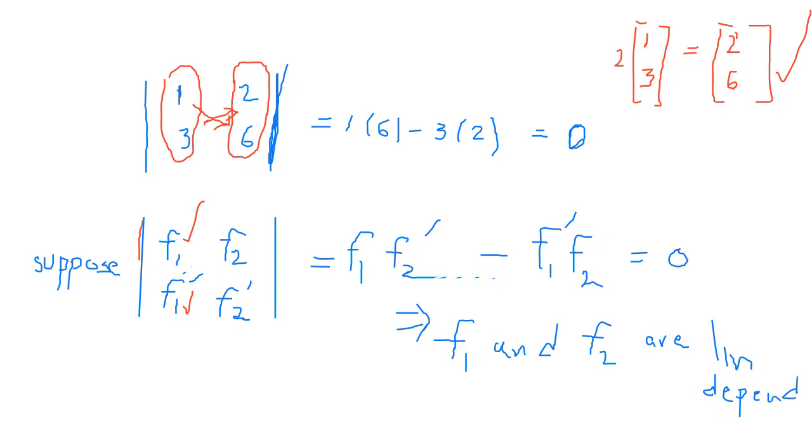I mean, I guess what I'm trying to do is, this here stands for the Wronskian of two functions. And you'll learn that if the Wronskian equals 0, then the functions are going to be linearly dependent.